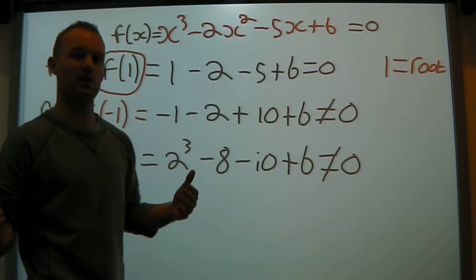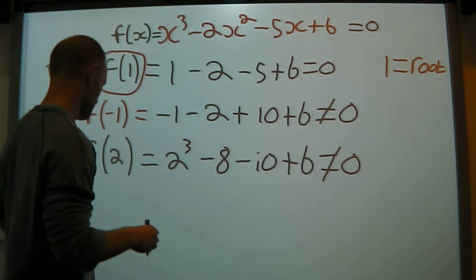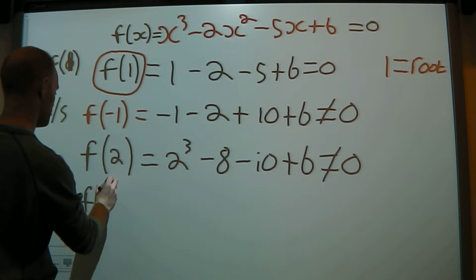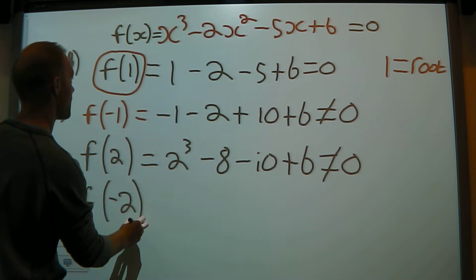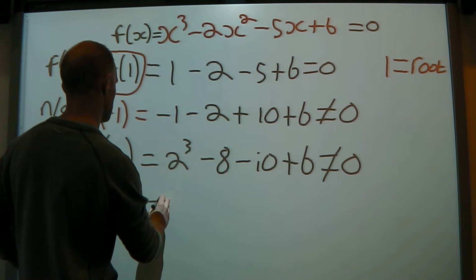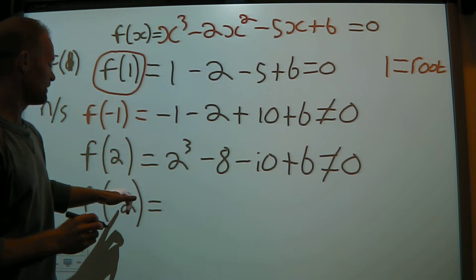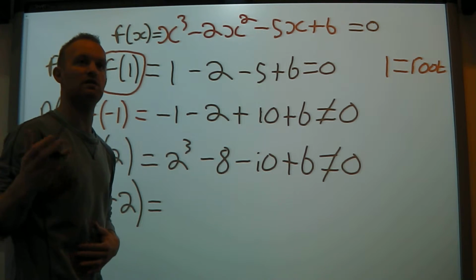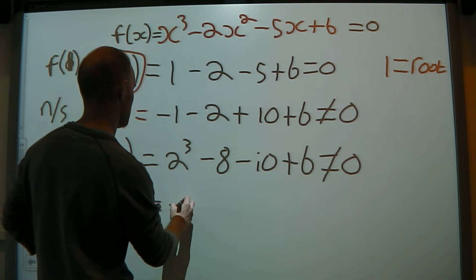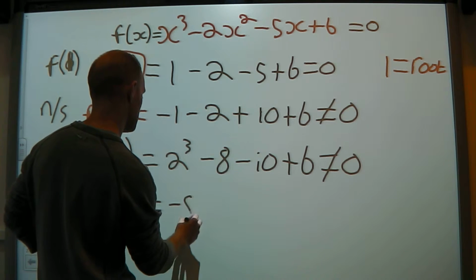So our next attempt is going to be -2. So f of -2. -2 cubed is equal to -8. Remember, it's -2 by -2, which is 4, times -2. It's going to be -8 here. Make sure you don't leave it in as positive 8.